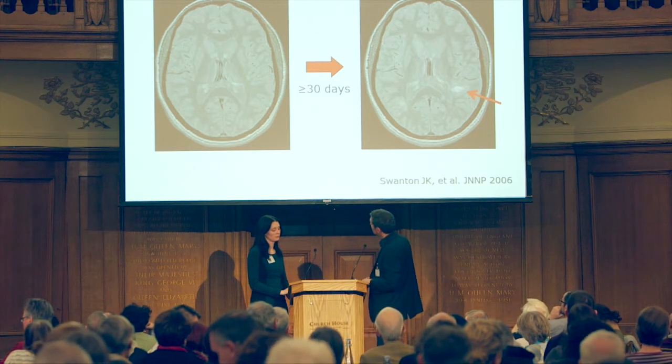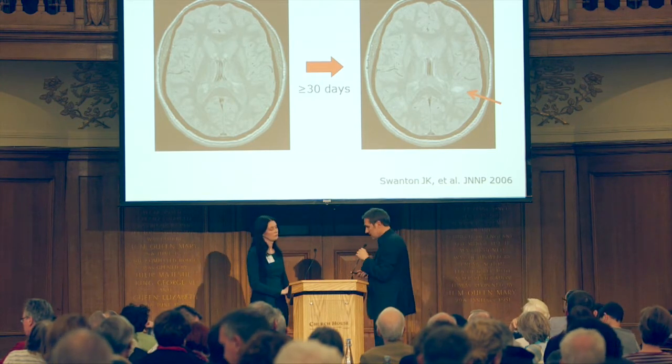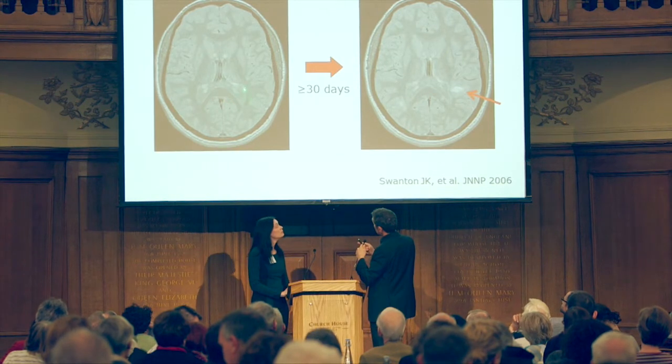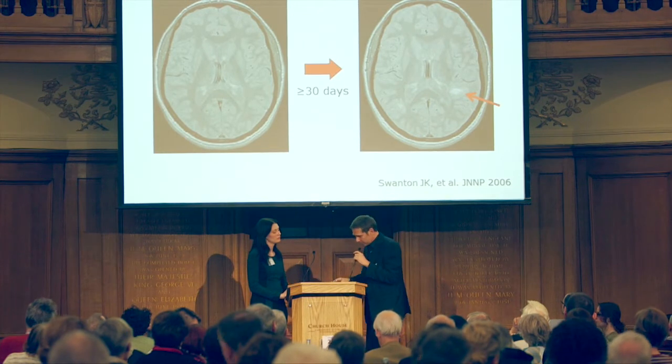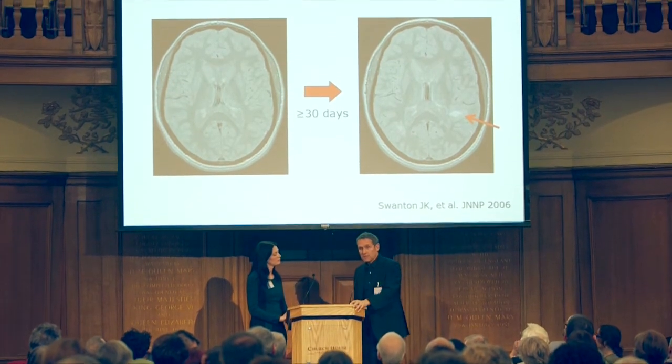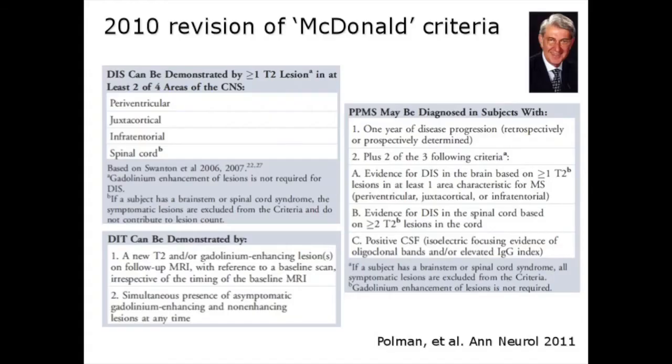Most of the time you have to do a second scan at least 30 days later, and then what you can see is what happened here. There was no lesion in this location, but there is one now. So they've got dissemination in time and space, which were then all listed and funneled into a set of diagnostic criteria, which may look a bit confusing, not only for you but sometimes in clinic as well. So they can be a bit clumsy and not always perfectly accurate.